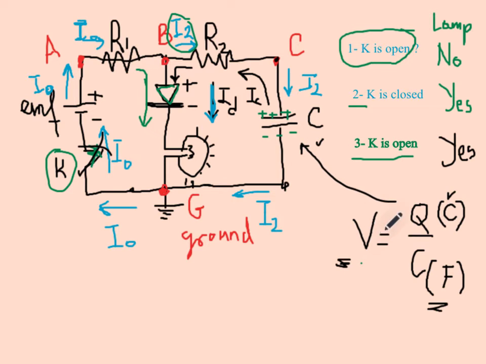You can reach the maximum if you know the capacitance and the voltage, then we can have the total charge here. But once you start charging the capacitor, then you are storing a few coulombs, and it is increasing until you reach the maximum charge.